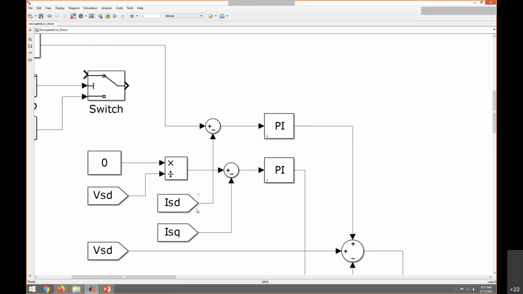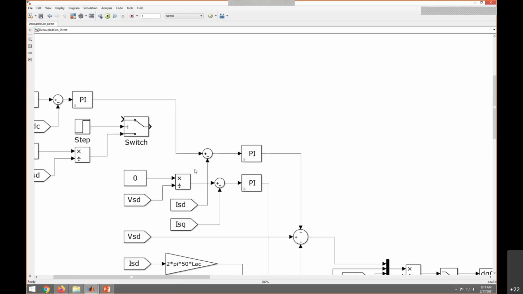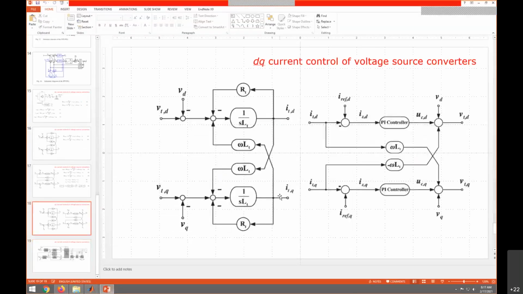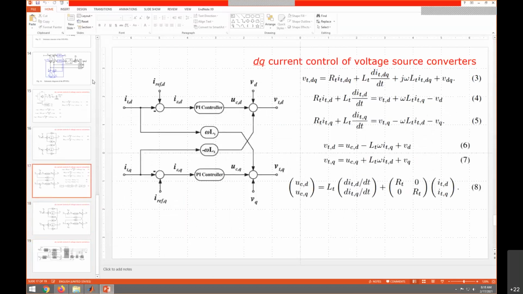Right. So the next step is this one. First ISD, these are the actual currents, and these are the reference currents. Reference currents minus actual currents go into the PI controller.